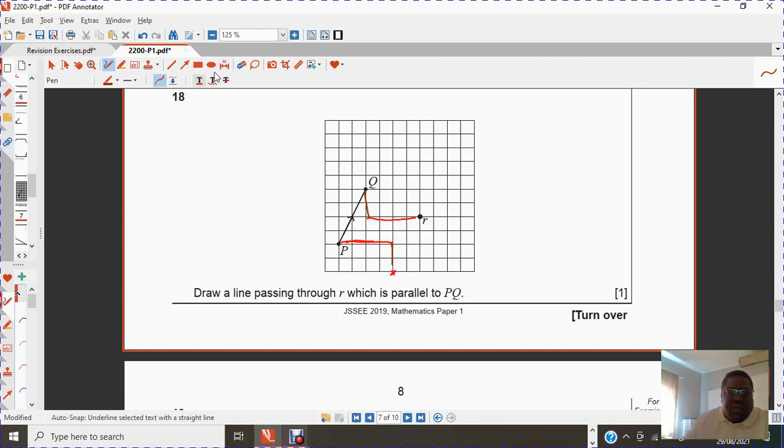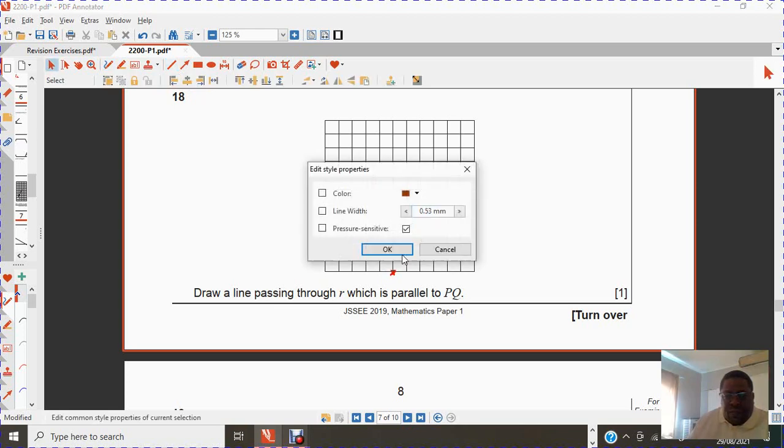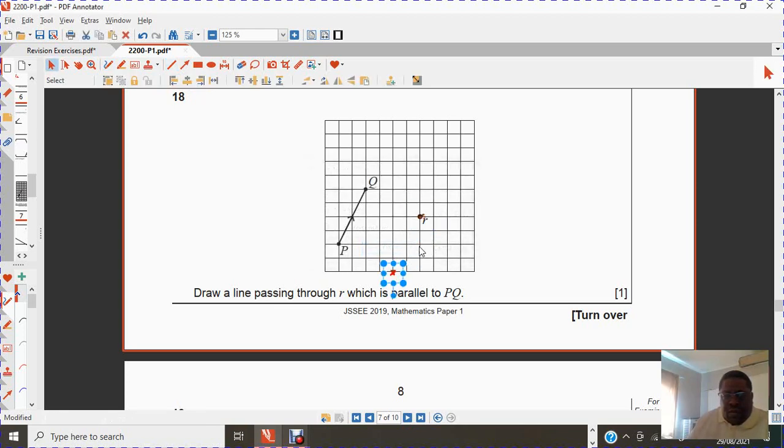Whatever method you use to find that particular line, that is what you do. Then you can grab your ruler and draw a line right through that point.